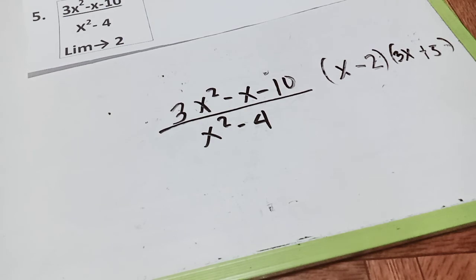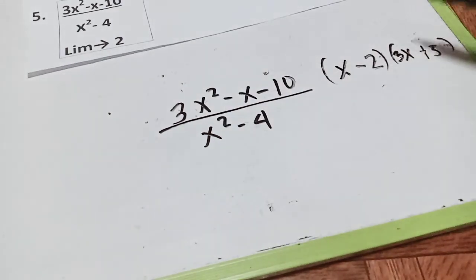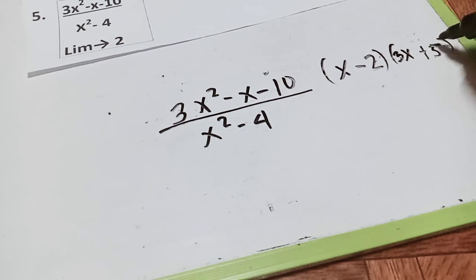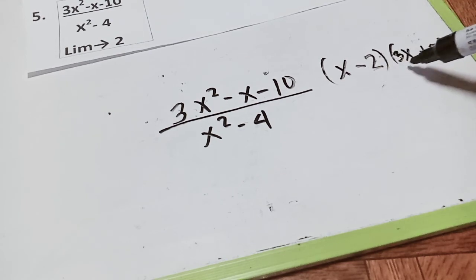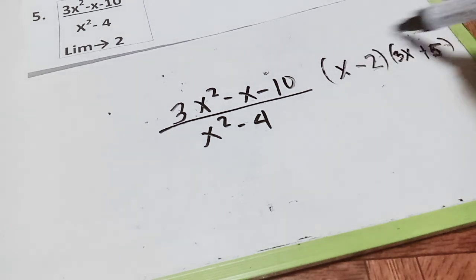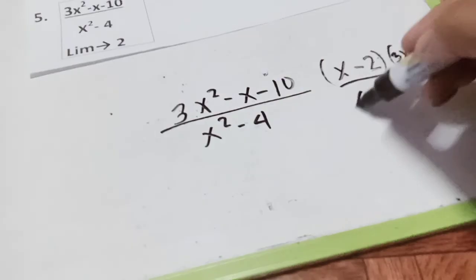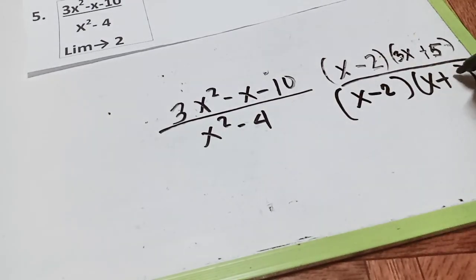Is that correct? 3x times x will become 3x squared. 5 times negative 2 will become negative 10. Is that correct? And then 3x times negative 2, negative 6x, and 5x will become negative x. That's correct.